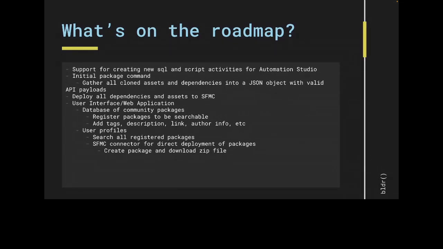Without going into too much detail, there will hopefully be a way that the people deploying these packages won't have to go in and update the references with the new asset IDs or paths to those assets. Everything will ideally be taken care of on the Builder side, where it'll do all of those updates as it creates the assets.